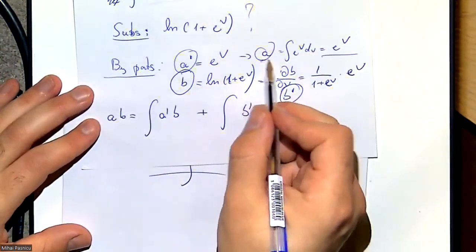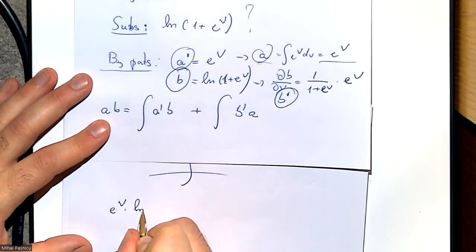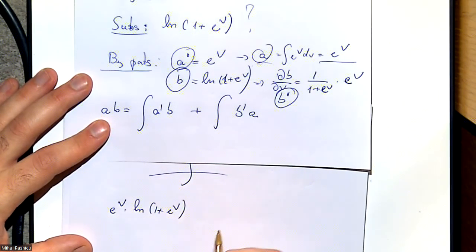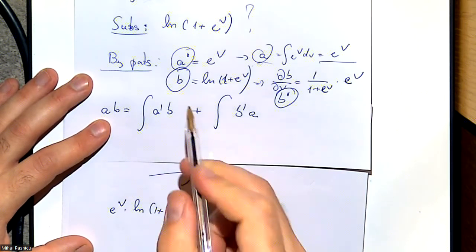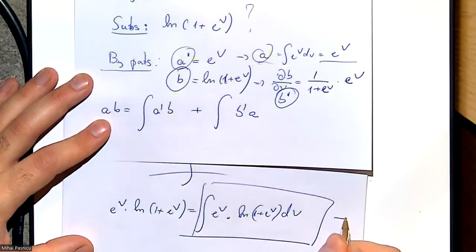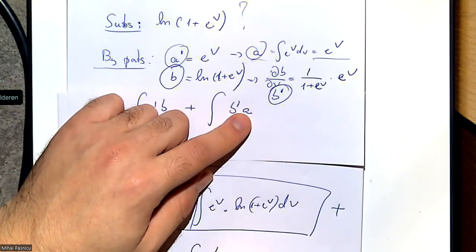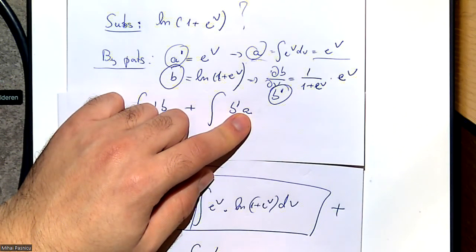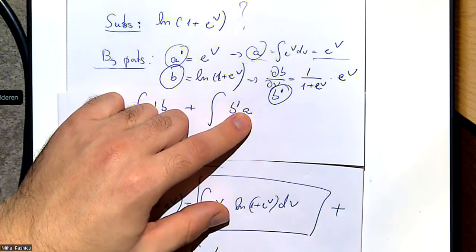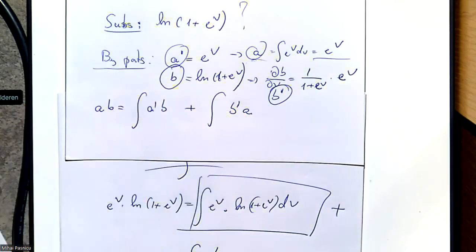So A is just e to the power of v. B is just log of 1 plus e^v. This is just A prime e^v times B log of 1 plus e^v, dv, and this is my fraction where I started, plus the integral of B prime, which is 1 over 1 plus e^v, times e^v, times e^v dv.